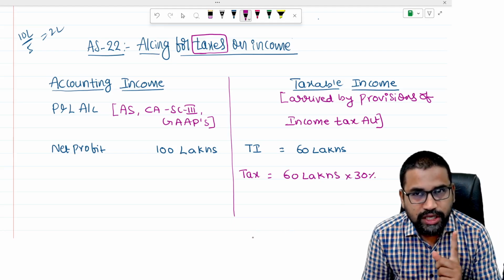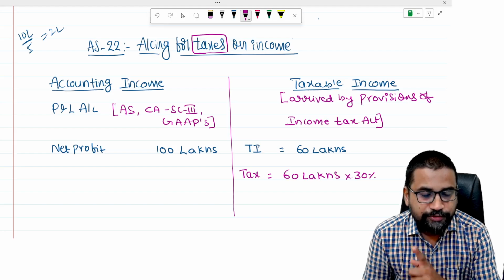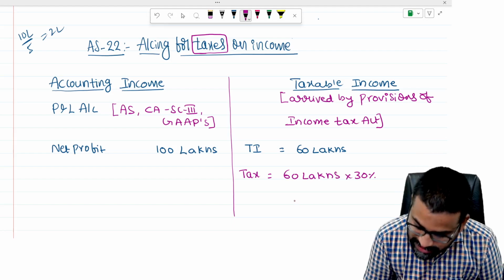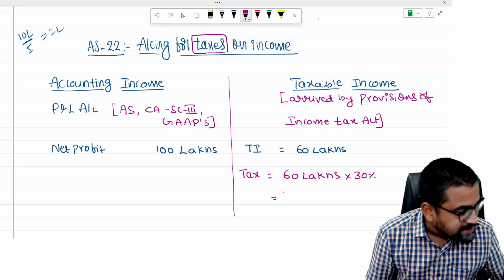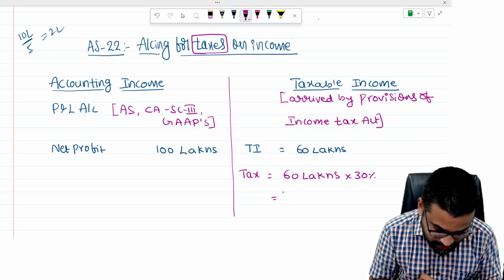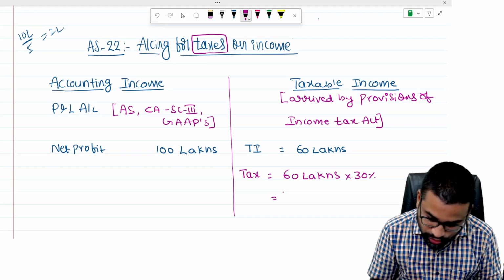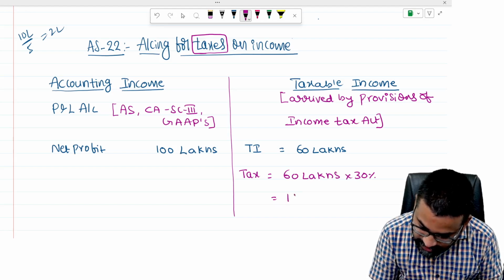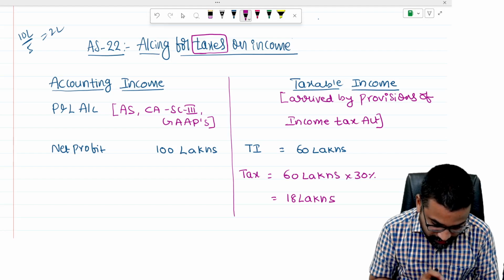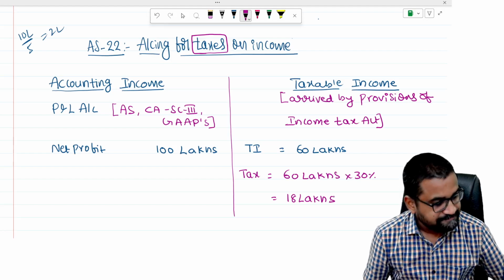Of course, in the year 2021-22, if your turnover is less than 400 crores, then it is 25%, but that doesn't matter. Suppose 60 lakhs into 30%, so it will be 18 lakhs.